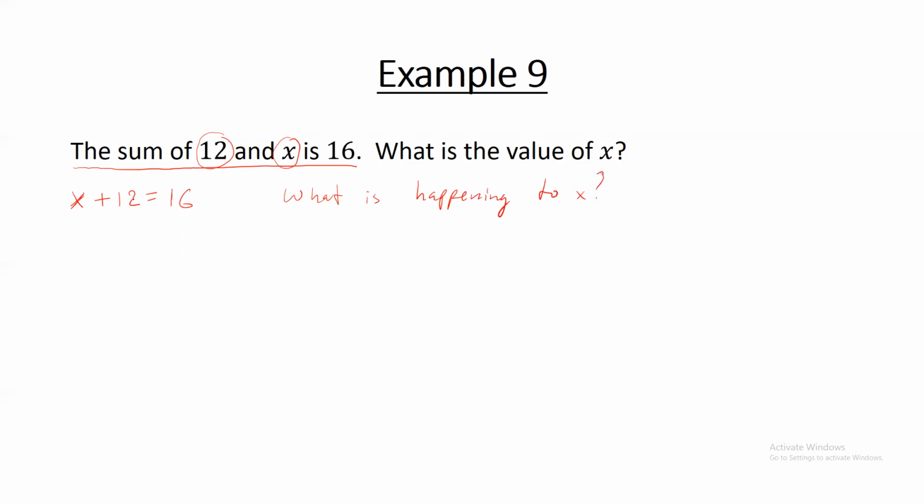And in this case, we can see 12 is being added. So how do we undo that? Well, we have to subtract 12, right? To undo the addition of 12. And if we want to undo that, we will subtract 12.